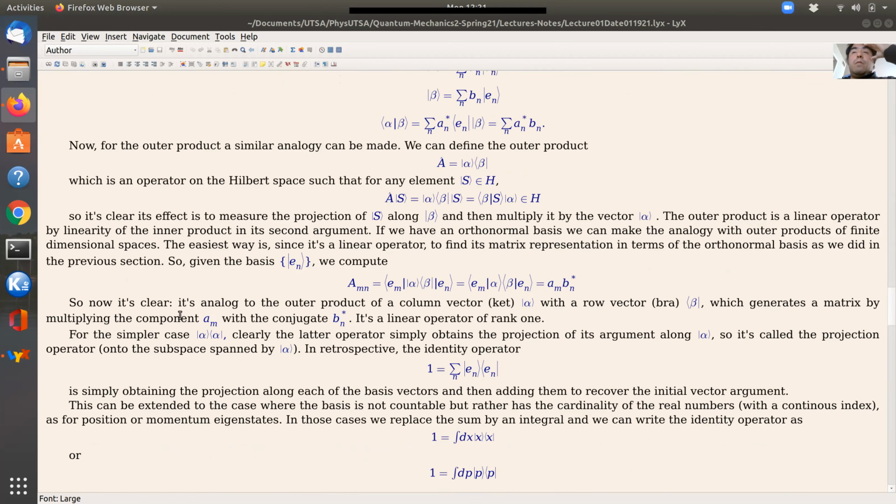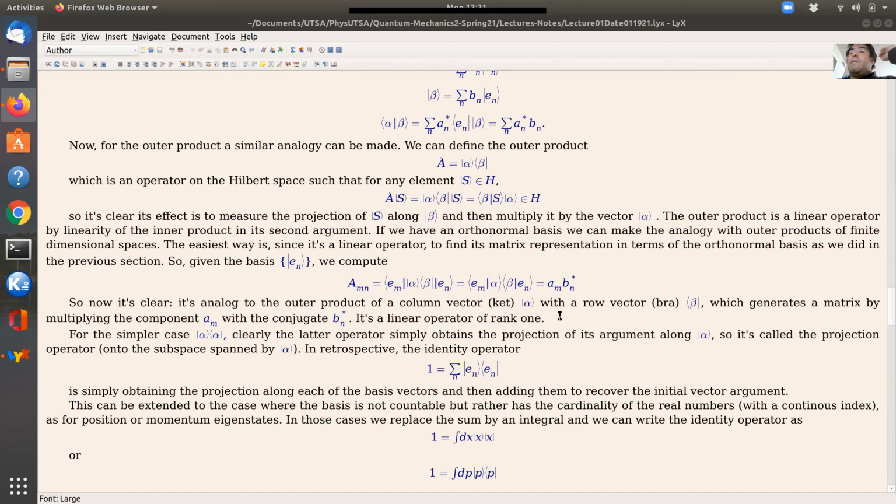And so with this expression, it's kind of clear what is the effect of A on the elements of the basis. So this is analogous to the outer product of a column vector with a row vector. Of course, the column vectors are kets, the row vectors are bras. And they generate a matrix by multiplying the component with the conjugate Bn.